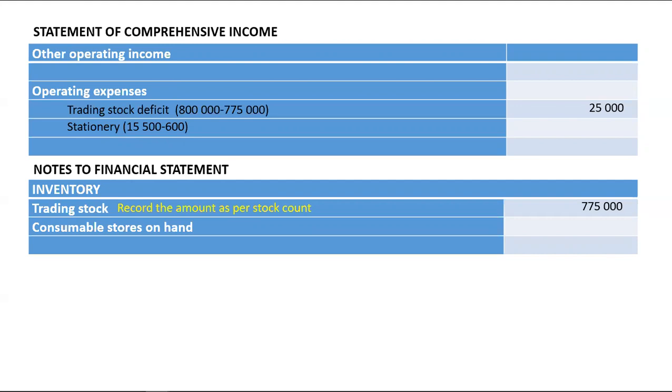In this column, guys, you only put an expense. In this case, your stationery expense will be 14,900. The unused stationery will be included under the inventory note as consumable stores on hand, and that will be 600. That's it.